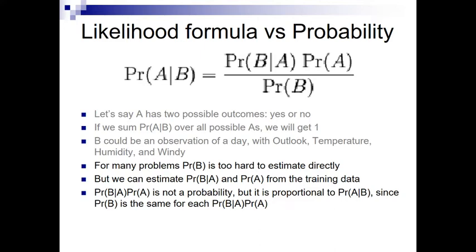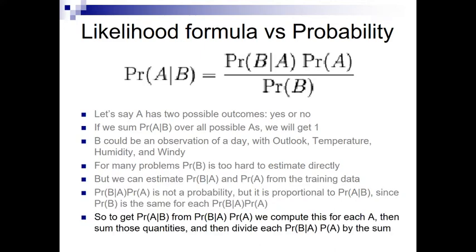And so that means that if we wanted to maintain that proportionality, what we could do instead of dividing by the probability of B is divide by the sum of the numerators. And so we would preserve the proportionality and we would get to numbers that would sum and make up a probability distribution.